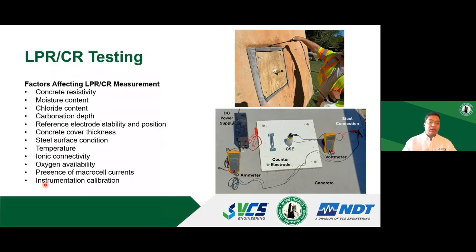As I said, this technique is highly dependent on external factors: whether your instrument is calibrated or not, what the oxygen availability is, how much steel surface area is below the counter electrode or the anode you're trying to use to press the current, and if there are any chlorides, what the concrete resistivity and moisture content are.